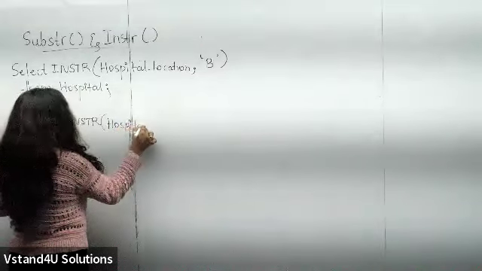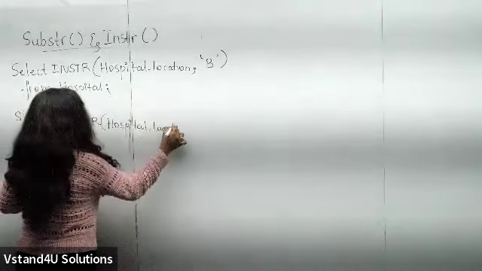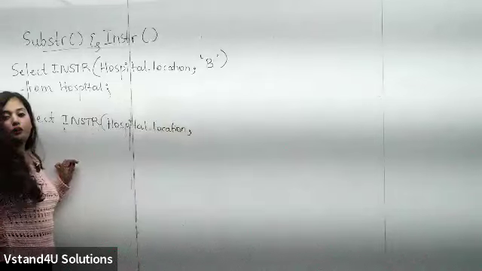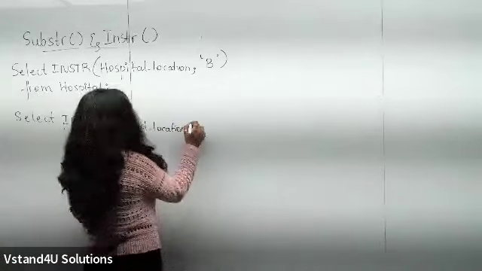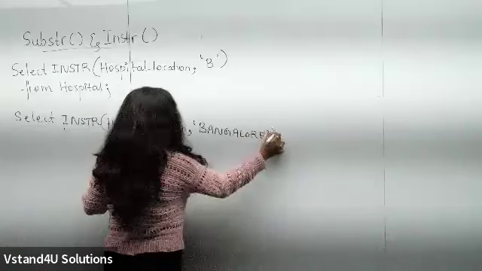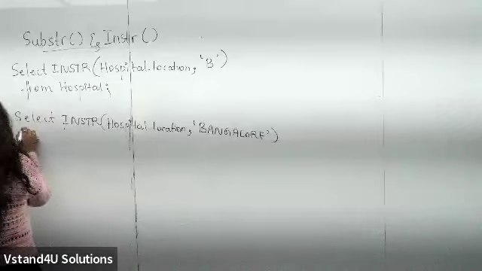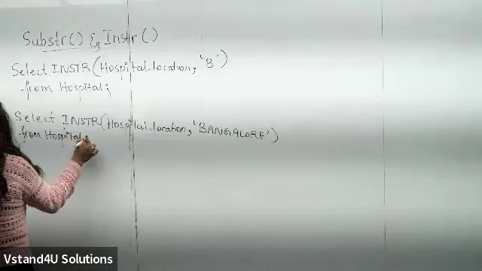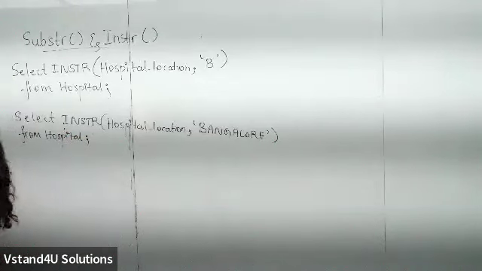Hospital location. What is the string now? Which string do you want to get to know? Bangalore. So I will say Bangalore. Close this. From which table? From the table hospital. Clear? Yes or no?